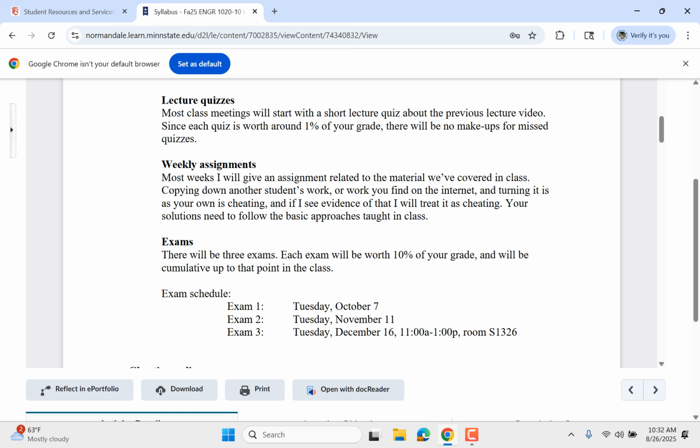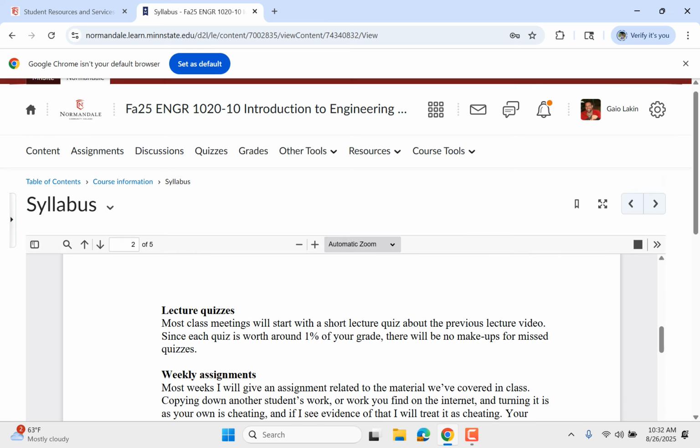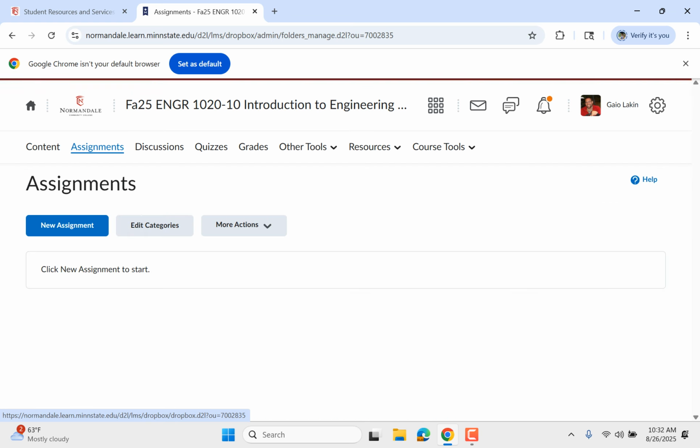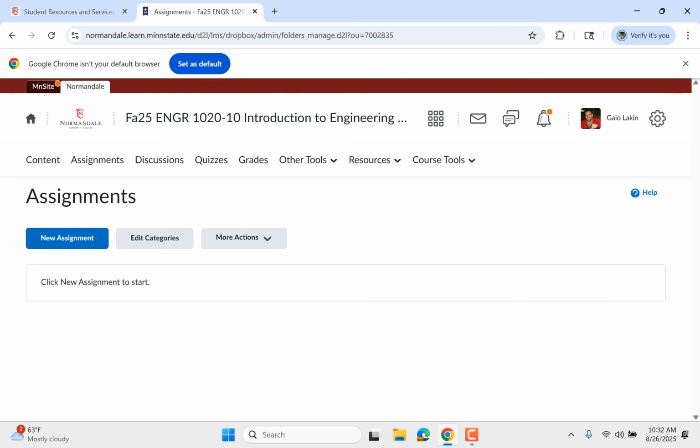And the way you will turn stuff in is, there are no folders here yet, but if you go to assignments in D2L, there'll be a category that says weekly assignments, and then there'll be one that says assigned on, whatever, Tuesday, August 26th. And that'll be a folder that you can submit PDFs to. So it's easy to submit a PDF of something you've typed.